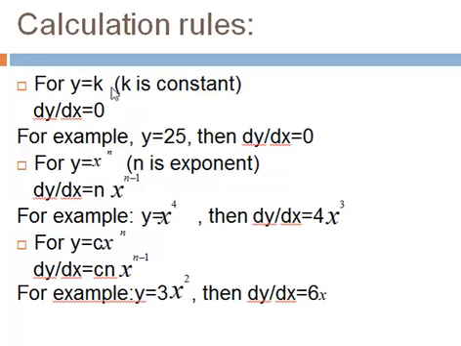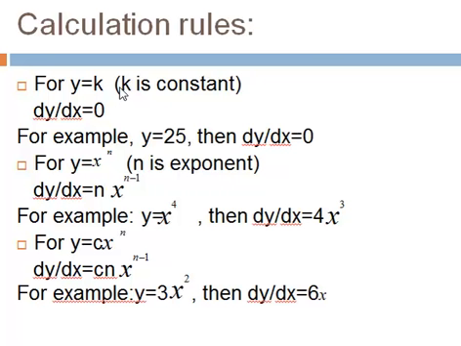The first one: remember that a derivative is dy over dx. In some cases, y will be a constant. It's just a number. Here I have y equal to k, where k is a constant. Since the derivative measures rate of change, but y is a constant, there is no change.